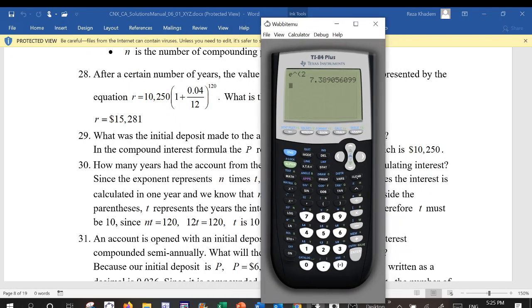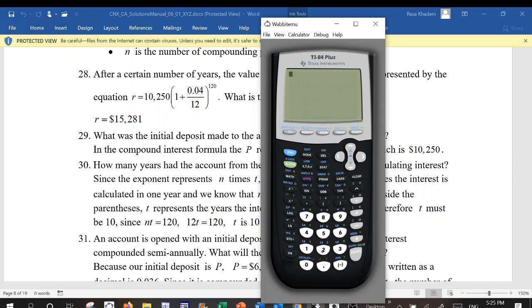So what do we do? Let's just start from here. So 0.04 divided by 12. 0.04 divided by 12 is that number. So now we have to add 1 to it. So we add 1 to it, enter.